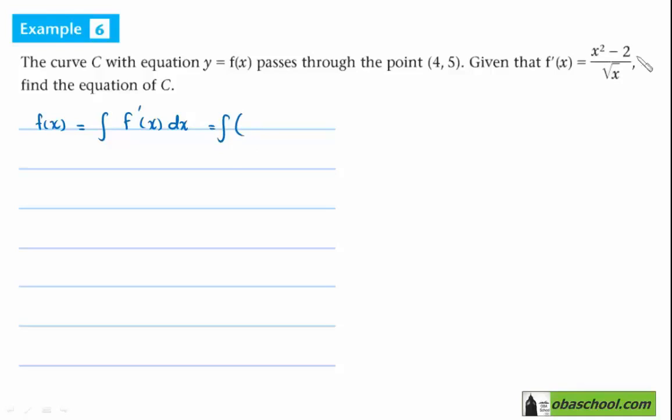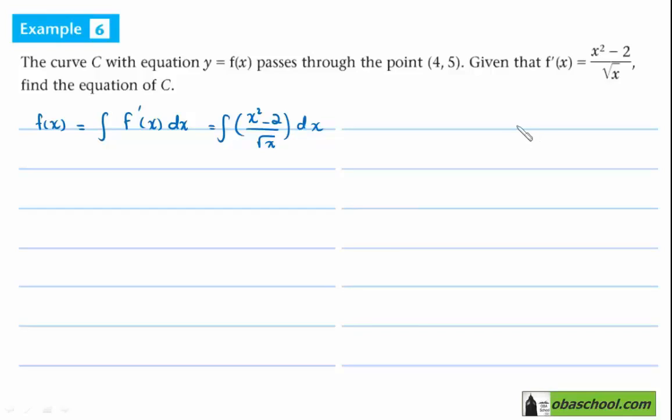Therefore, f of x equals the integration of x squared minus 2 all divided by the square root of x, with respect to x. Now, the expression inside the bracket is not a linear combination. So using section 8.4, we are going to transform this expression to a linear combination.